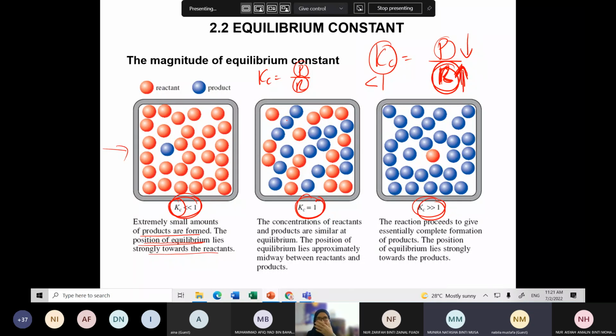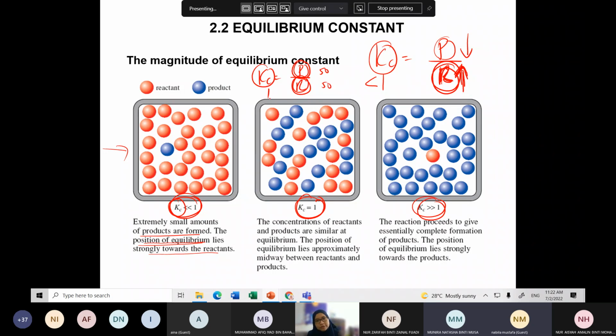Tapi dia still product is higher than reactant. Okay, so equal to 1. Maksudnya dia punya concentration of product and concentration of reactant at equilibrium are almost the same. That's why value dia kita boleh dapat 1. Katalah sini 50, sini 50. So you get 1. Betul tak?